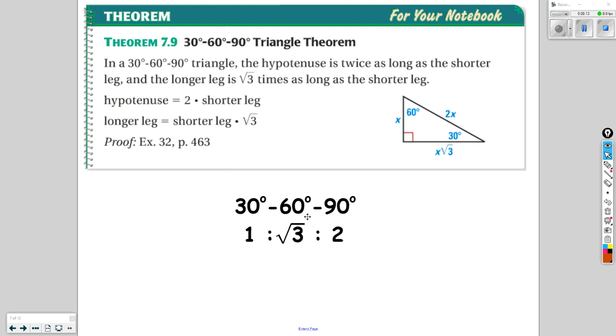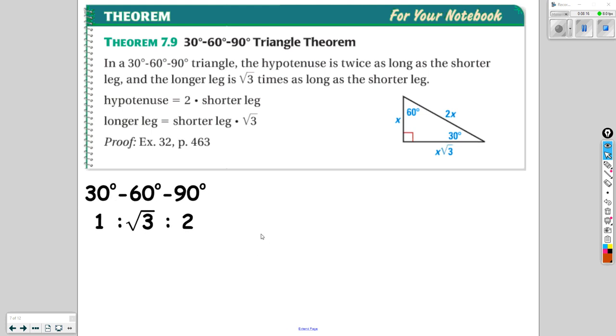Now let's just really quickly talk about how we get these ratios again, like we did in the last example. What we're dealing with here is, instead of a square, we're starting with an equilateral triangle. In an equilateral triangle, remember all 3 sides are congruent, the same length, and it's also equiangular, so each one of these angles would be 60 degrees.